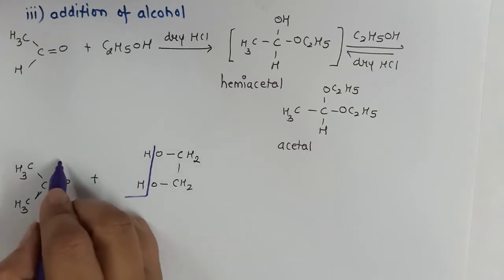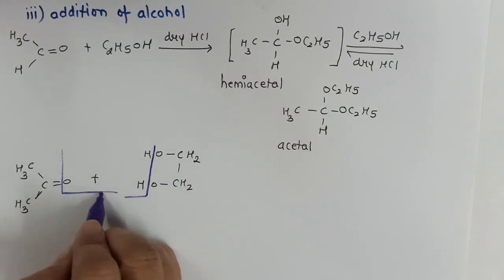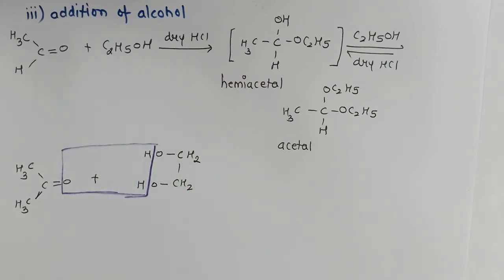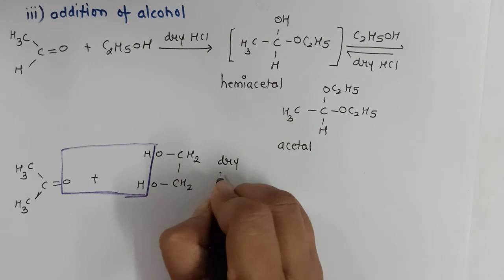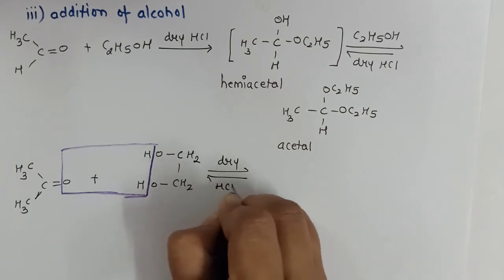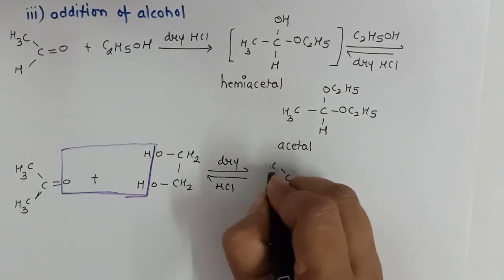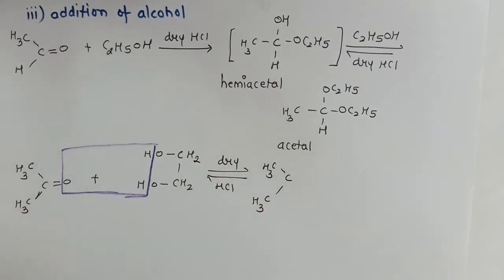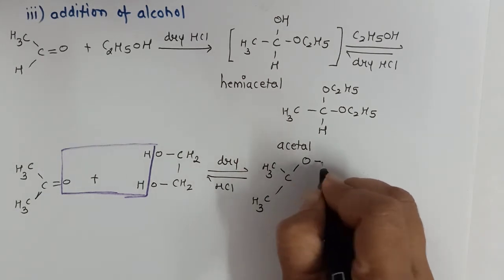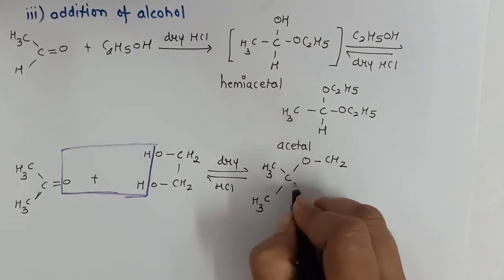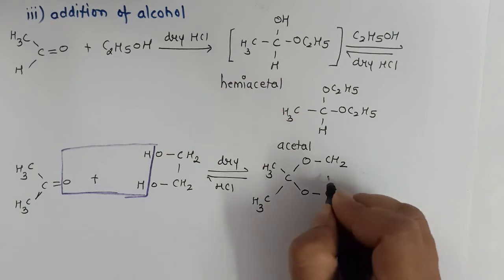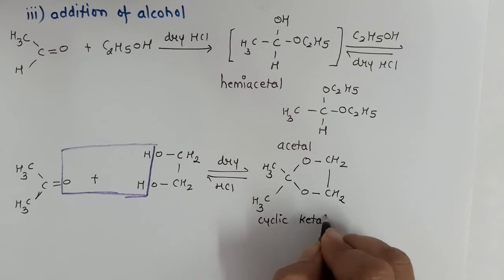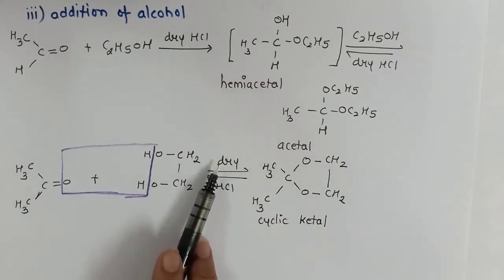H2O will be removed, obviously in presence of dry HCl. So the alkyl part of the ketone forms a ring with the alcohol, and this is what we call a cyclic ketal.